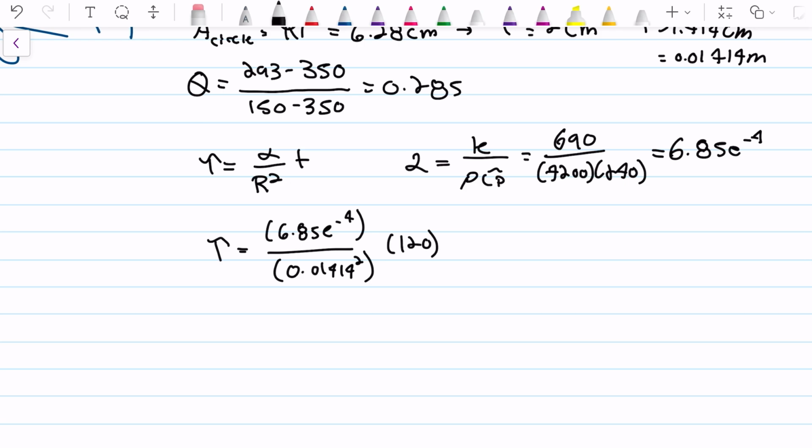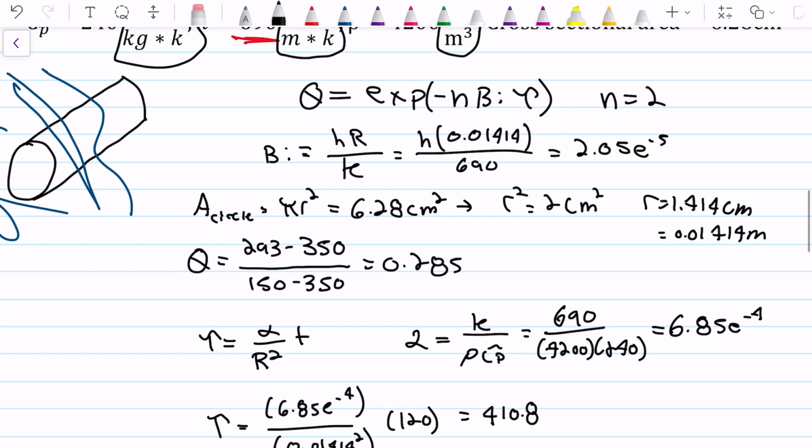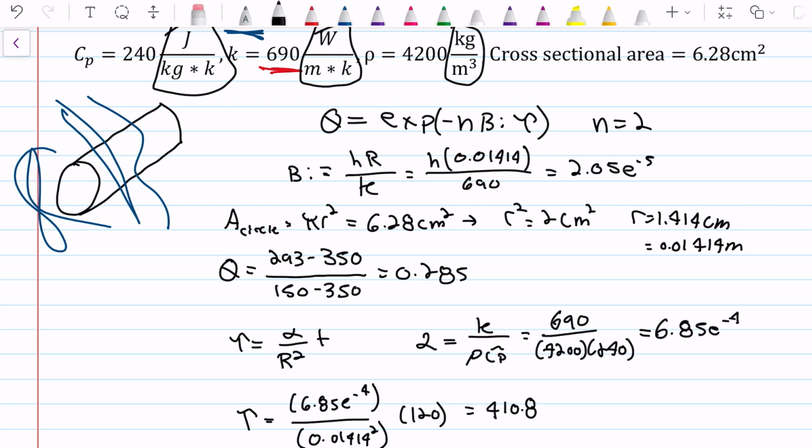So take our alpha times 120, divide by 0.01414 squared, and we get a tau value of 410.8.